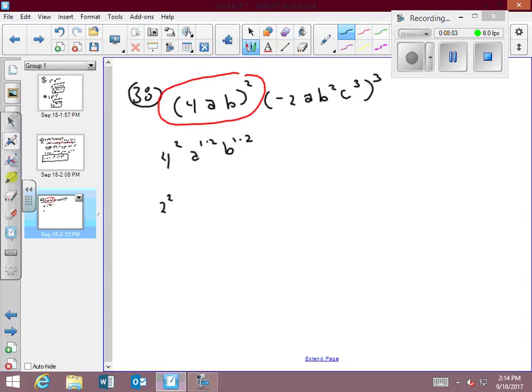Now, these are all times each other. Now it's just times, and I've got to go minus 2, and it's minus 2 to the first times 3. That 3 right up there. A to the 1 times 3, b squared times 3, and c cubed times 3.